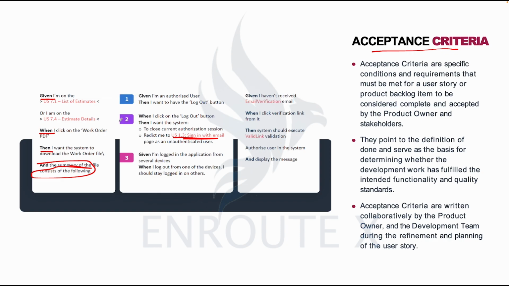Given, when, and then. Given that I take this step, what it should give me. Given I haven't received email verification, when I click the verification link from it, then the system should execute valid link validation.